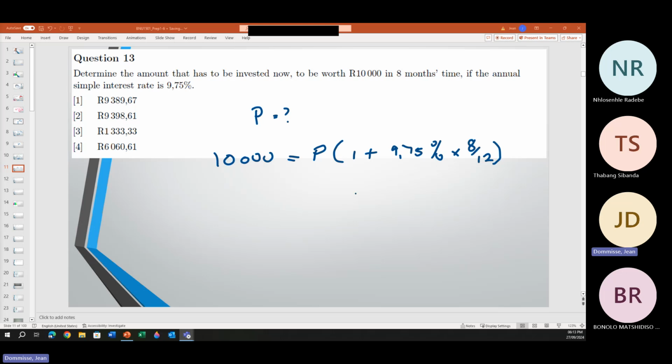So let's do 9.75% times 8 divided by 12 plus 1. So I get that 1,065. P is equal to 10,000.